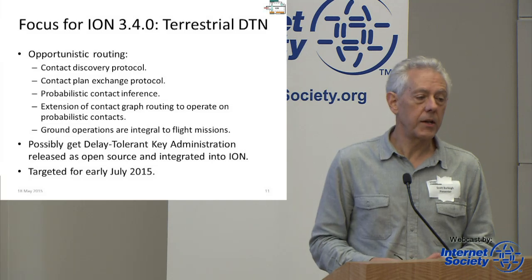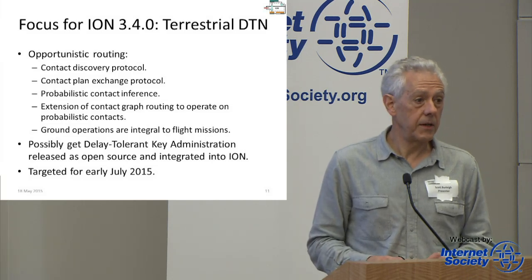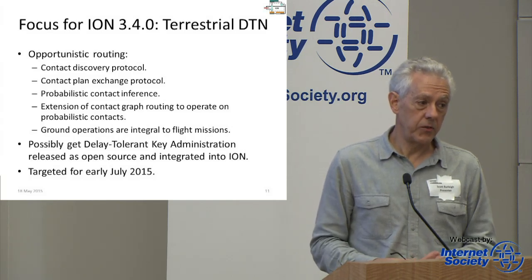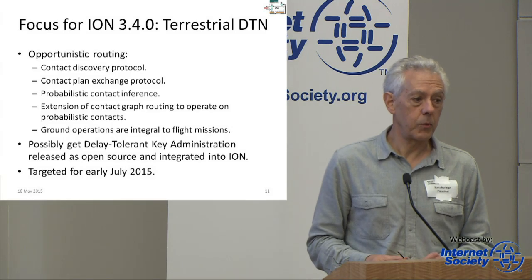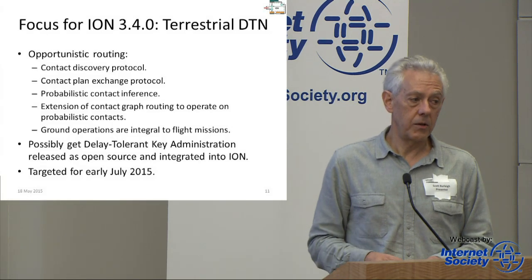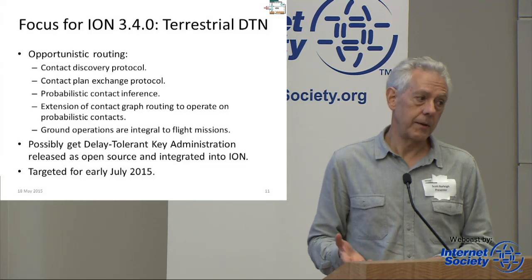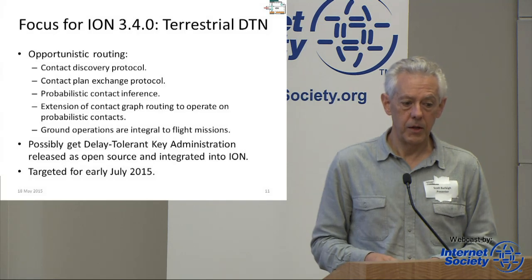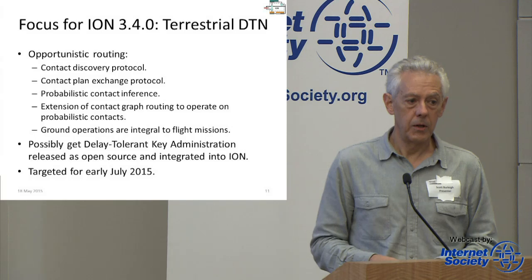the contact graph routing that we've been using for routing in interplanetary networking is actually a good way of doing opportunistic terrestrial networking for routing as well, because it's based on the best available knowledge of the topology, like all internet routing protocols, rather than just being behavioral.